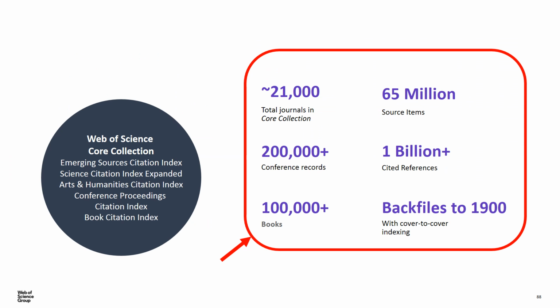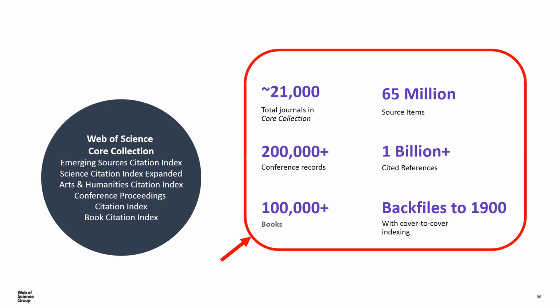Web of Science Core Collection includes the Emerging Sources Citation Index, Science Citation Index Expanded, Arts and Humanities Citation Index, Conference Proceedings Citation Index, and Book Citation Index. It allows you to search and explore deep citation connections in the sciences, social sciences, arts, and humanities.